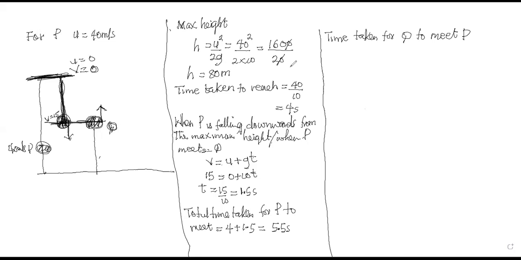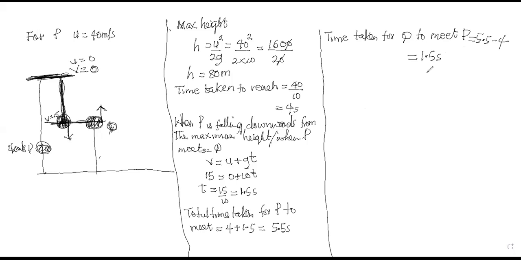Yasmin, over to you. So it will be 5.5 minus 4 seconds. Exactly, because in terms of time, P leads Q by 4 seconds. So by the time they meet, Q will have traveled 5.5 minus 4, which is actually 1.5 seconds.